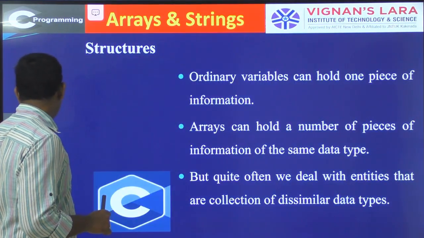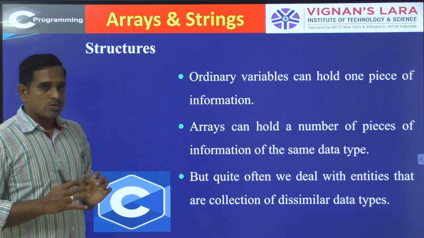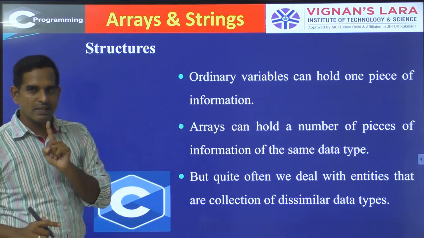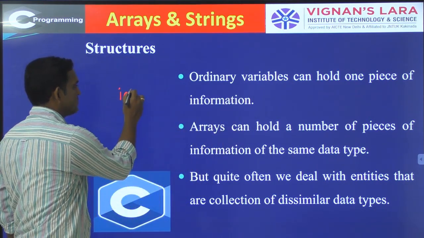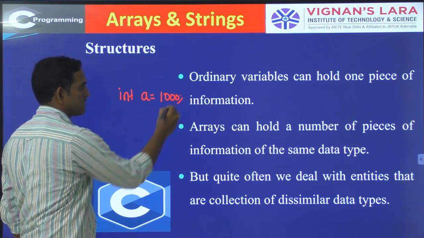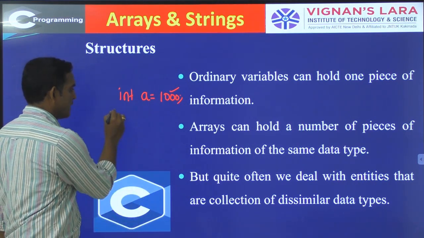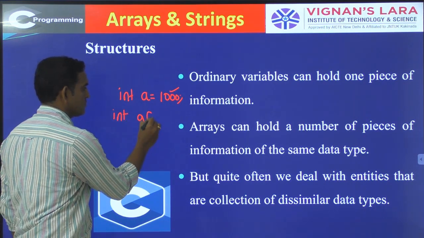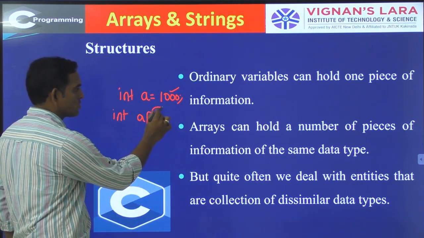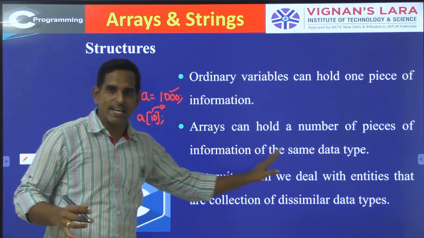The second thing you are looking at in this part of the session is structures. You have to remember that your ordinary variables can store only one piece of data. Ordinary variables means a. A can store at most one piece of data. When you have arrays, they can store a large number of values, but only of the same data type.